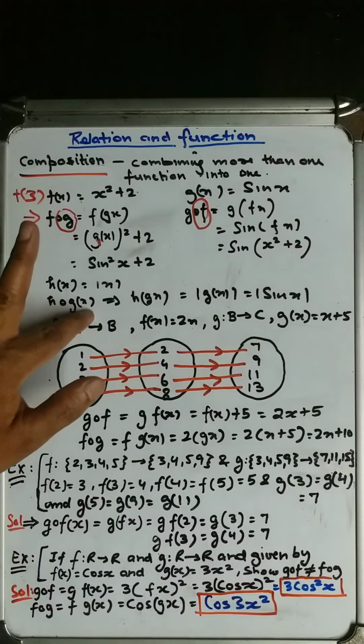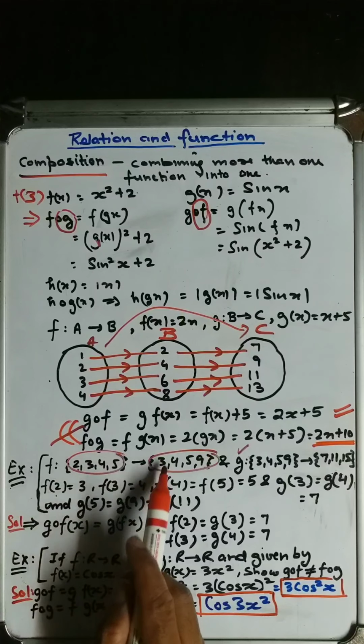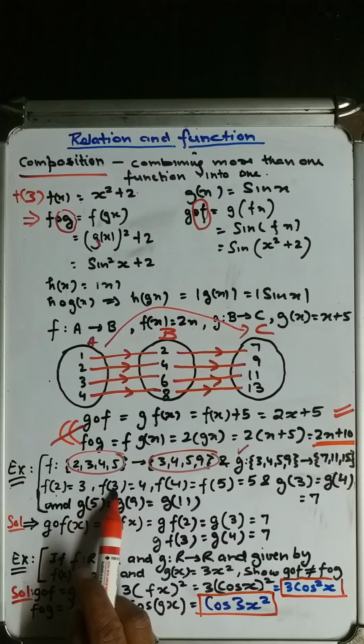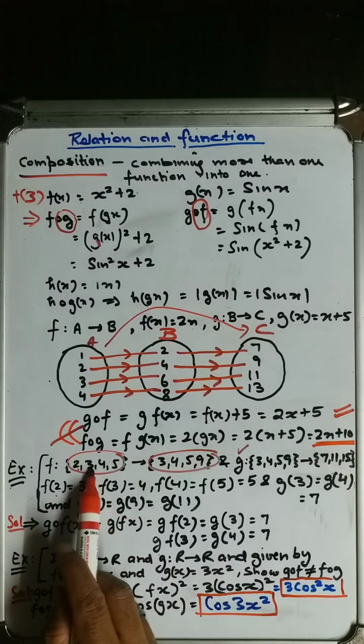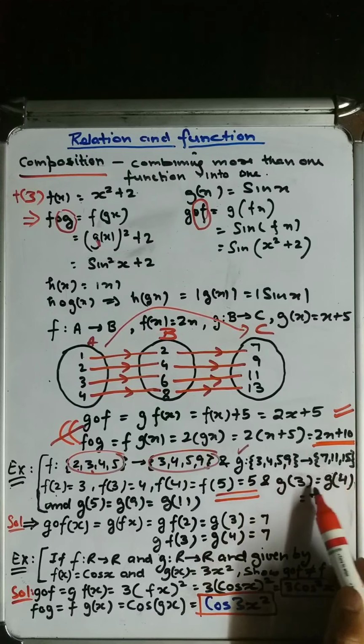So this is also given: f(2) equals 3. f(2) equals 3 means when 2 is the domain, we are getting 3 as the range. When f(3) means 3 is the domain, then we are getting 4. Same way f(4) equals 5 and f(5) is also equal to 5. g(3) equals g(4) equals 7.